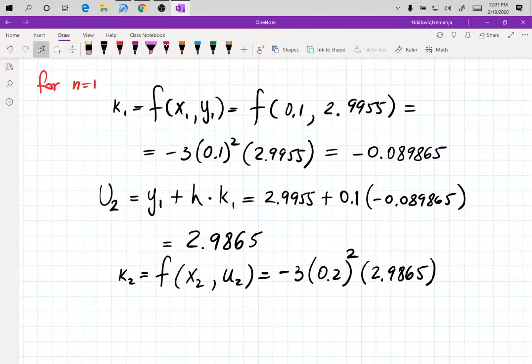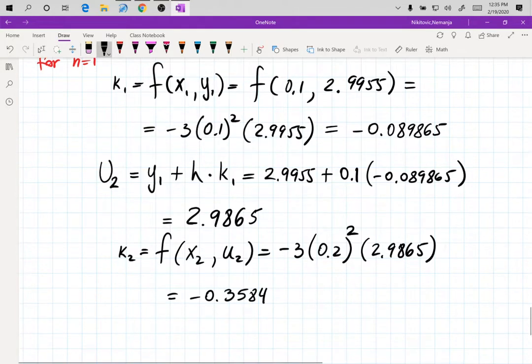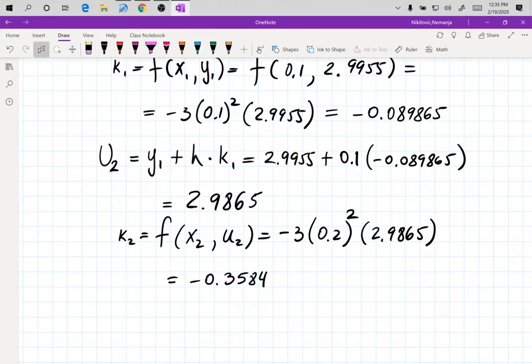Y2 is the last one. So next is Y2. Oh, yeah. Because we are using U2 here. We need you. Oh, yes. You are the integral part of this operation over here. Negative 0.3584. Yeah. That's our K2. Thank you. And now we have our Y2.